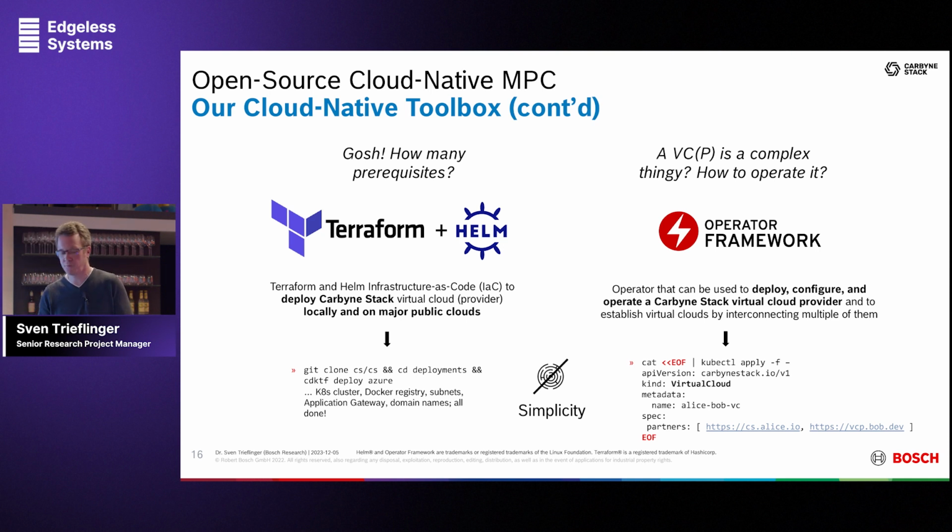We have recently come up with our first implementation to do that using Terraform and CDKTF. These 20 steps that are required to set it up are melted down into a single invocation of cdktf deploy, and then you are done. This is available for Azure and for local kind deployment, and we will also address other public clouds in the future.